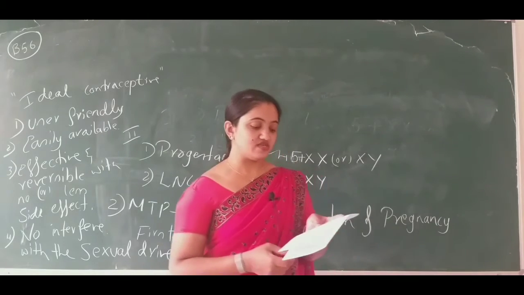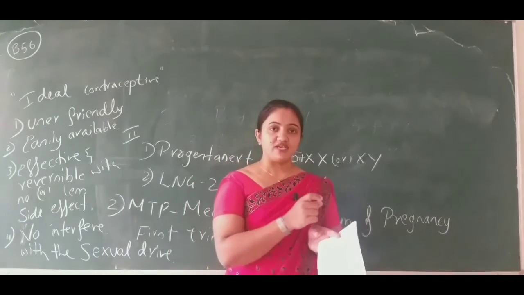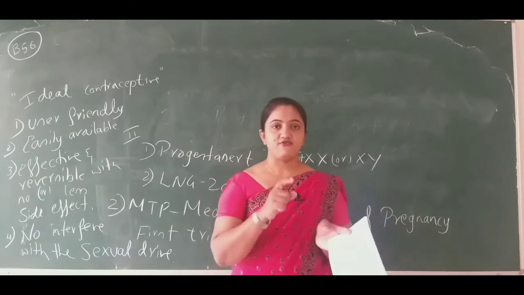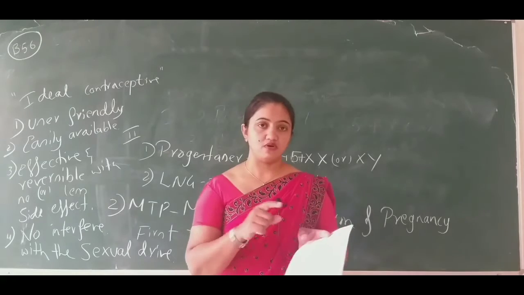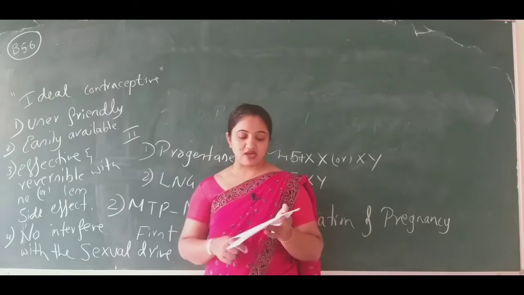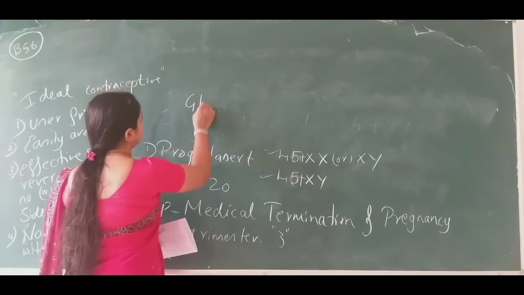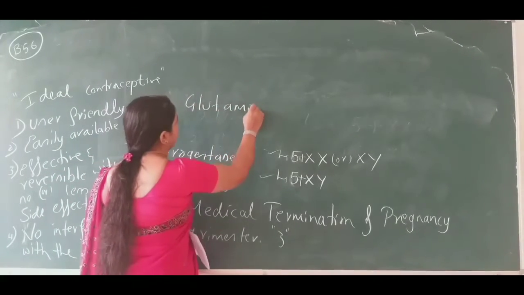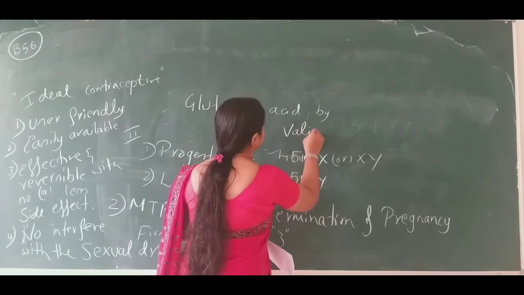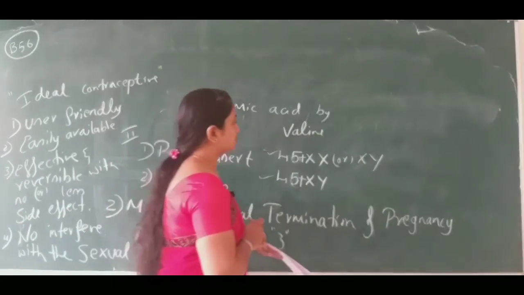And the next question is, you have to give the reason for why the sickle cell anemic patient, they change their RBC from spherical to sickle shape like structure. So the answer will be like the substitution of glutamic acid by valine in the sixth position of the hemoglobin molecule.